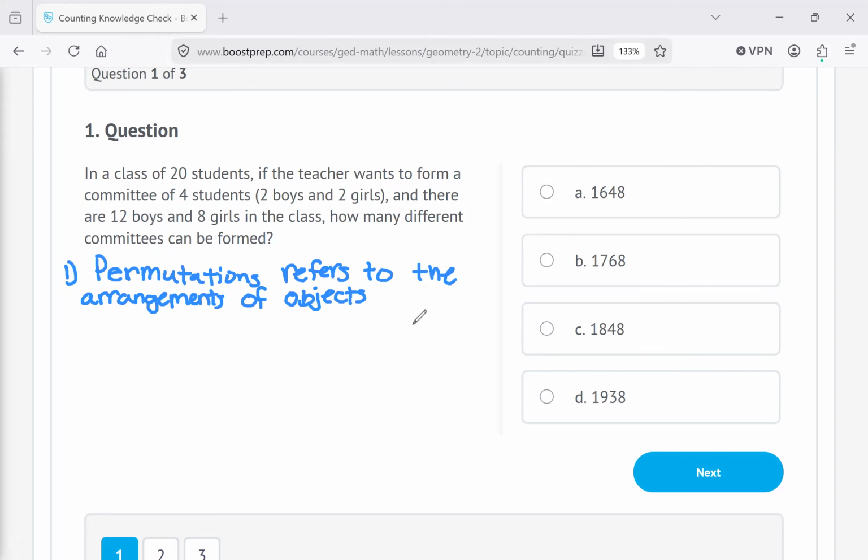Permutation refers to the arrangement of objects where the order does matter.